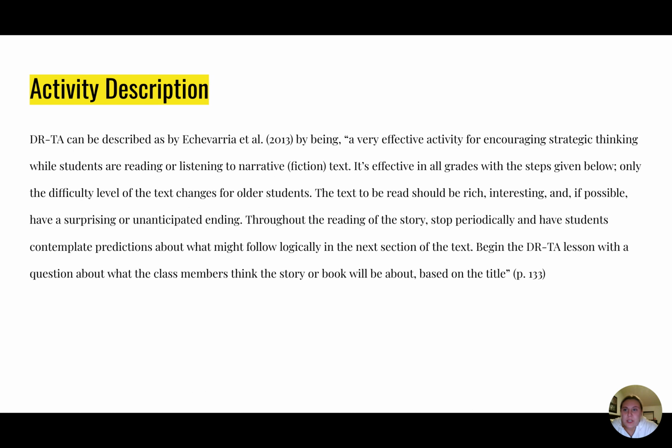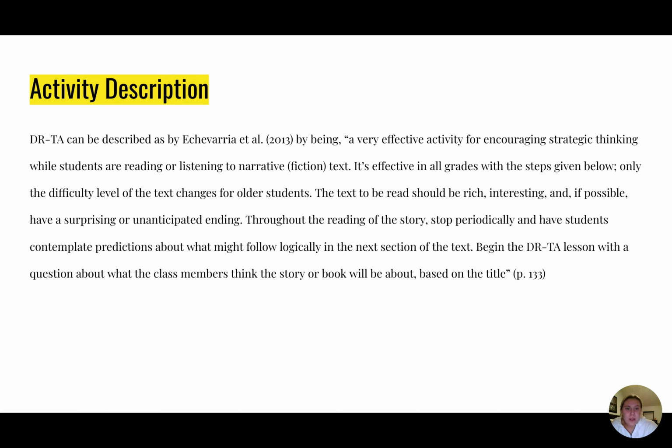Activity description. This activity can be described as being a very effective activity for encouraging strategic thinking while students are reading or listening to a narrative or fictional text. It's effective in all grade levels with the steps given. Only the difficulty level of the text will change. For the older students, the text should be rich, interesting, and have a surprise or unanticipated ending.